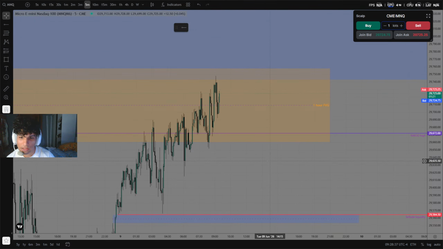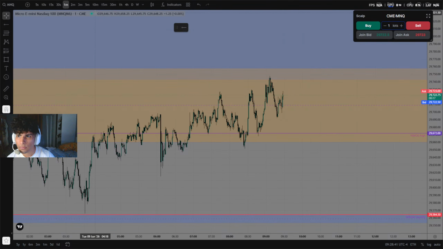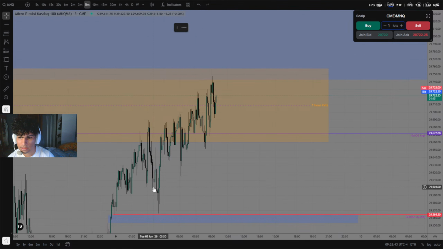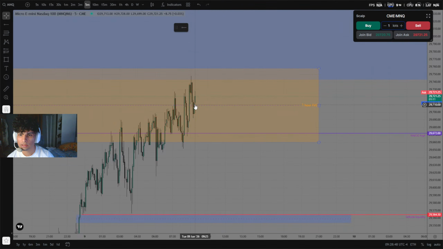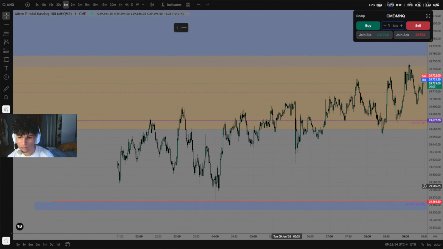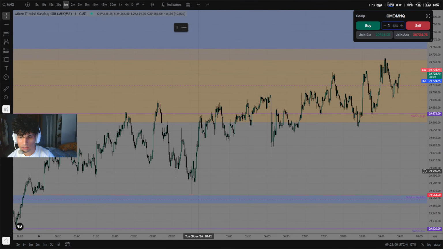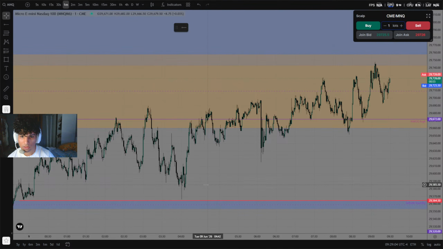By just looking at this, I can see there is this accumulation from 5 a.m. Price swept it at the macro time between 3:50 and 4, then rallied up, took the buy side.